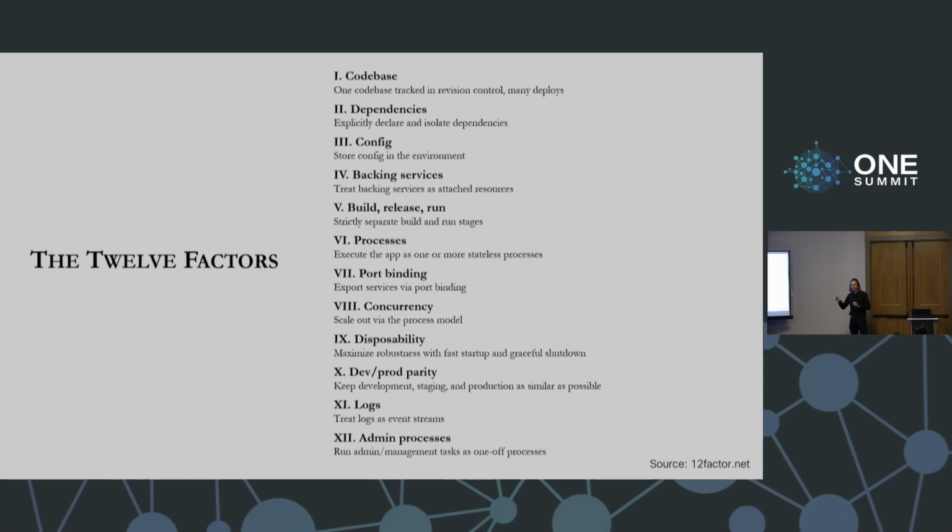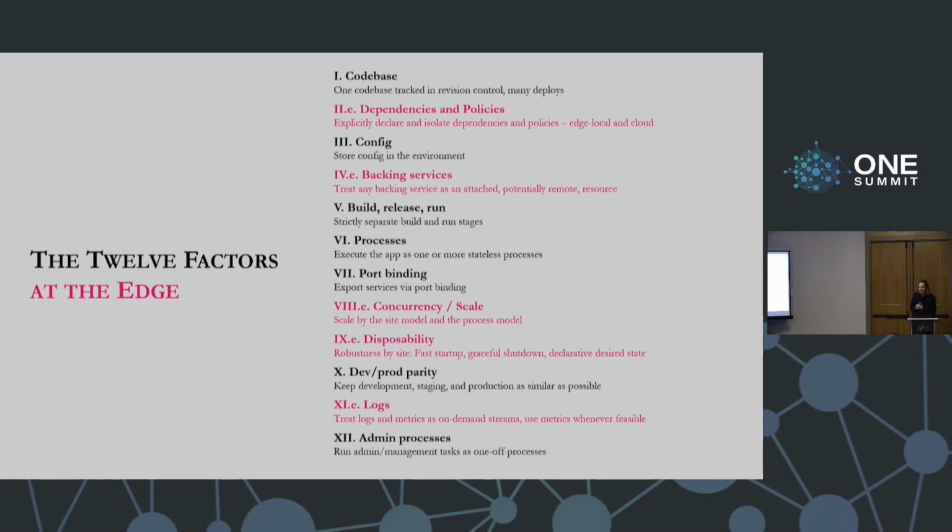So separation of code and data, clear definition of dependencies. All of these things, I think, are mostly valid. But if we put the edge color onto it, we have to rethink these slightly. And rethinking them slightly in many cases means putting the notion of location into the mix.